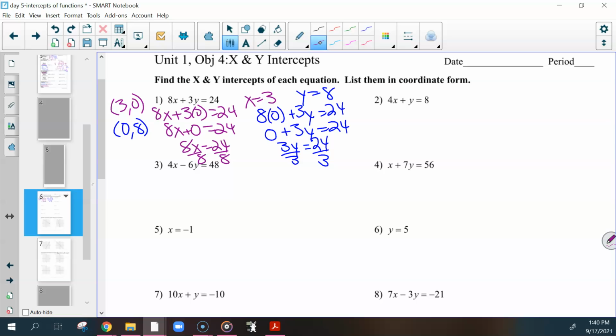Just put what's left, so x equals 8. So basically I'm skipping these first 2 steps and moving to this step. So x equals 2. Still think in your mind, I put 0 in for y, I solved, it disappeared, and now my x-intercept is 2. I just didn't write down that part.